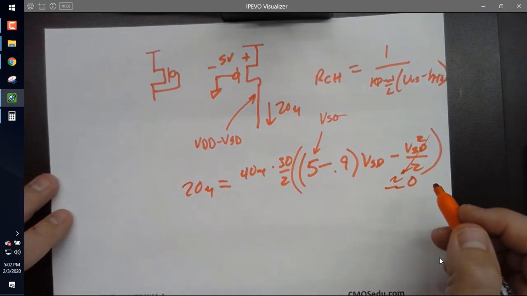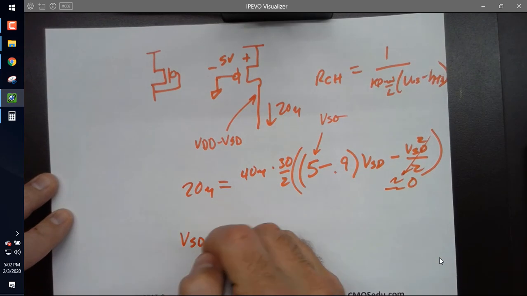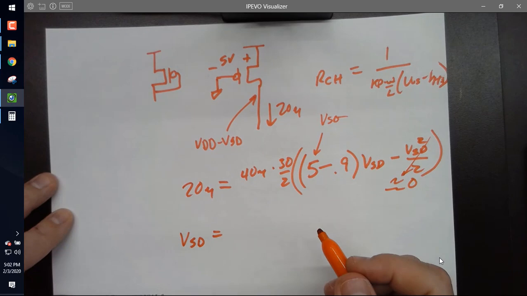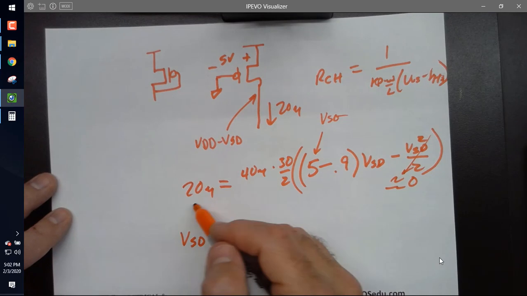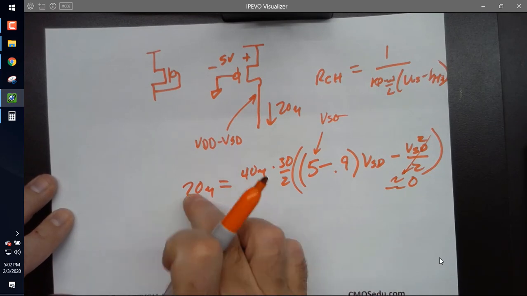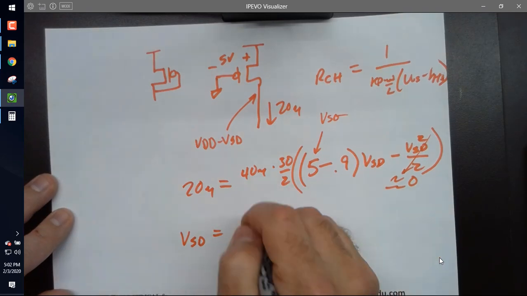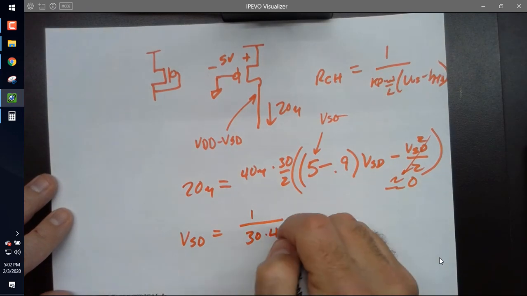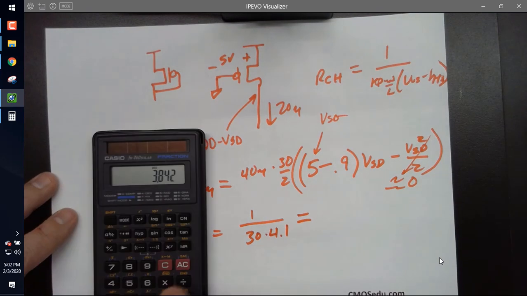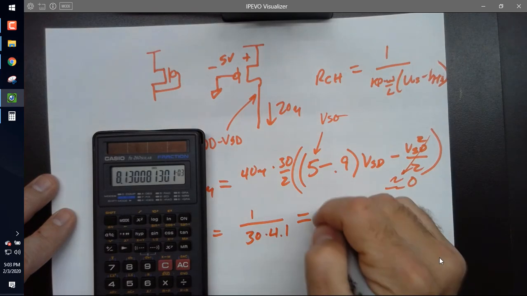Okay? And now I'm going to get that VSD is equal to, let's see if I can do this right in my head. So moving this over, sliding this over would give me 1/2 on this side. I can cancel the 1/2 here with this. And so then I could move this over and I get 1/30. And then this is 4.1. And that gives me 30 times 4.1 equals 8.1 millivolts.